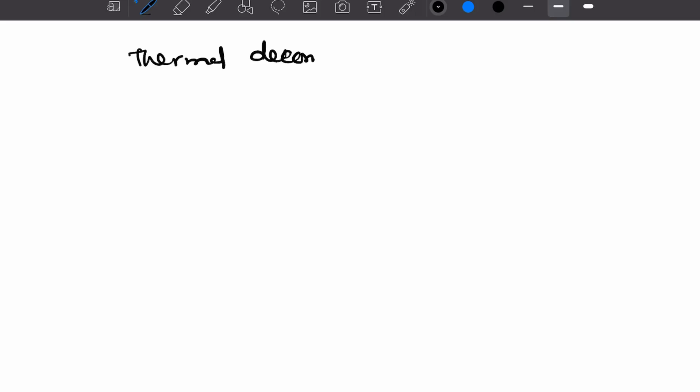Thermal decomposition. What does decomposition mean? A compound is separated into its original components. That is called decomposition. In the presence of heat, it is called thermal decomposition.